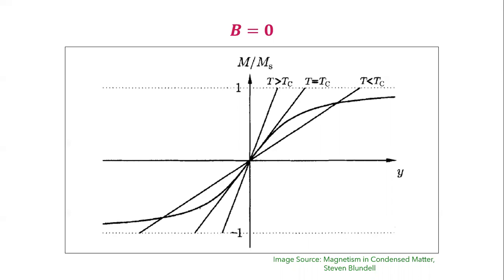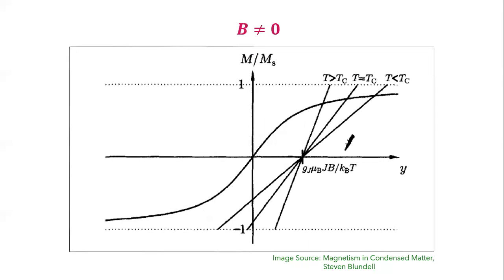So far our theory is going well and good. And for the sake of completeness, when I have some magnetic field, my straight line solutions will shift towards right or left depending on the sign of the magnetic field, and the number of points of intersection is always one, independent of temperature.